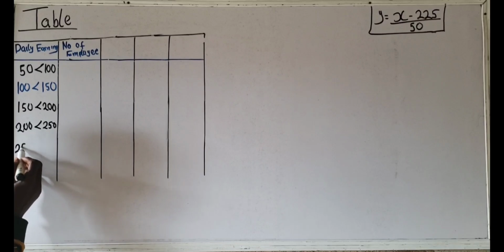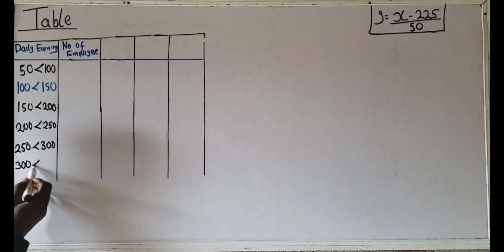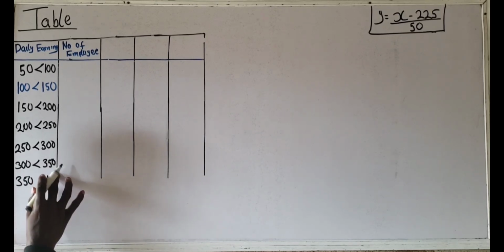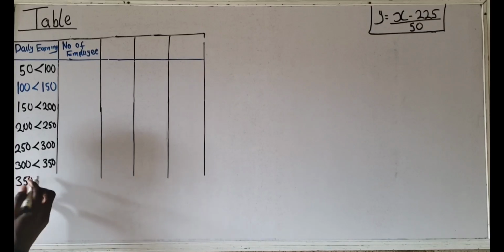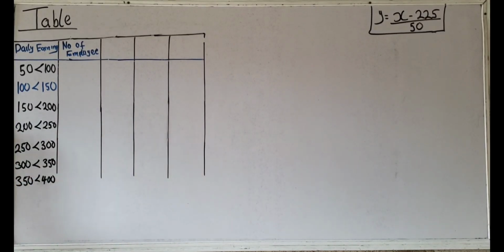Then 250 less than 300. 300 less than 350. 350 less than 400, and that's the last class interval. You can see, let me quickly rule the line so that you will not get confused.